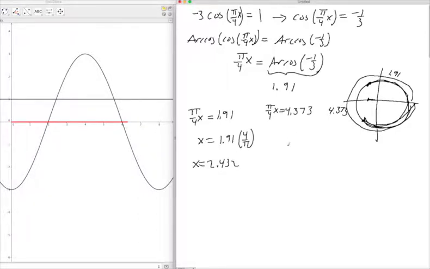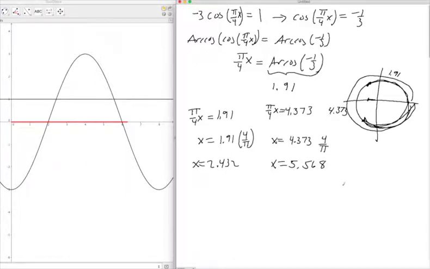Now on the other hand, when I solve this one, multiplying both sides by 4 over pi, I get x equals 4.373 times 4 over pi, which turns out to be, let me punch it in real quick, 4.373 times 4 divided by pi. I get 5.568. So that's 5.568. And I think it's fairly clear to see that these two numbers are definitely on the interval 0 to 2 pi, 0 being 0, 2 pi being 6.28.